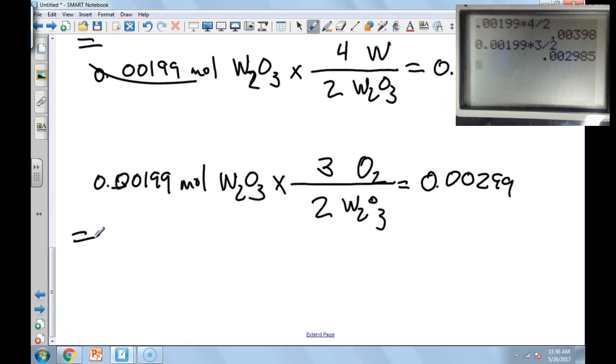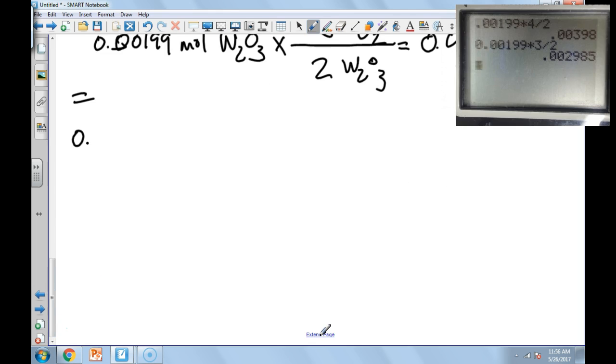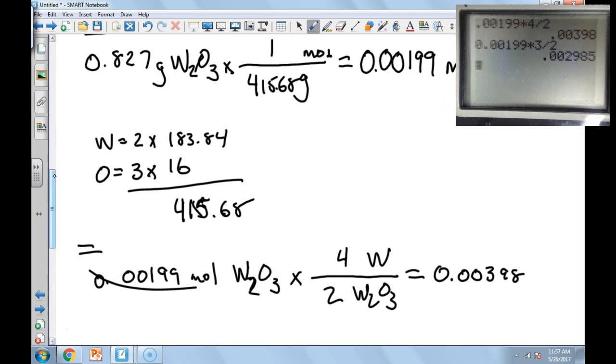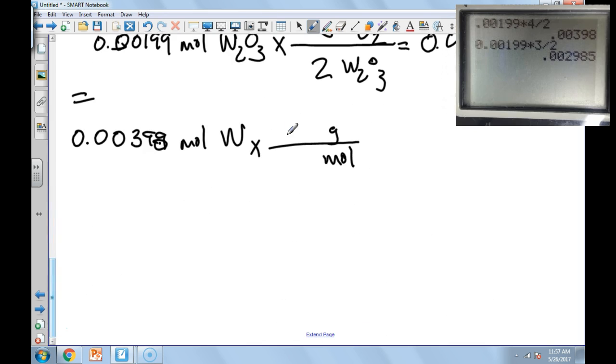So I'm going to get a new little section here, and my double line indicates a section break. Okay, so I'm going to extend the page a little bit. 0.00398 moles of W. And we're going to X-line that. We're going to do moles on the bottom, grams on the top. And when we look at tungsten, it is 183.84. We looked that up already.